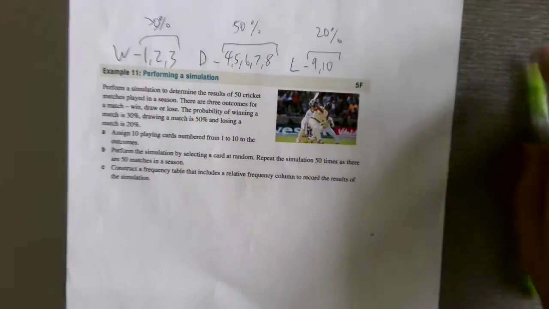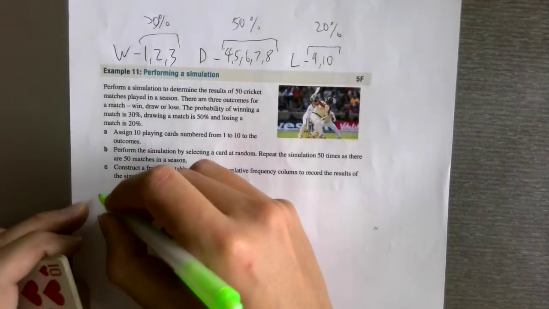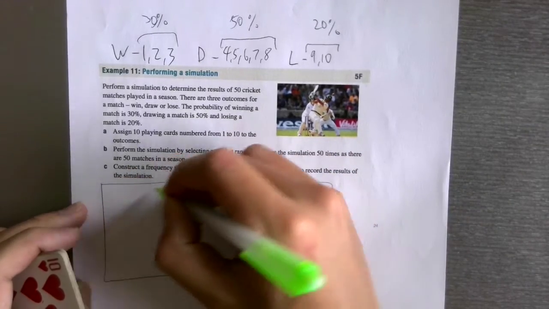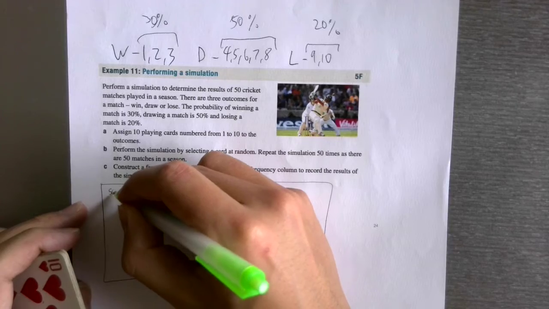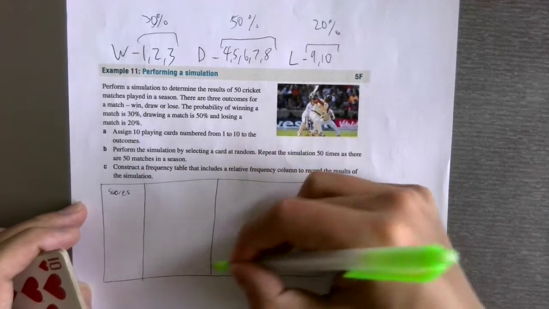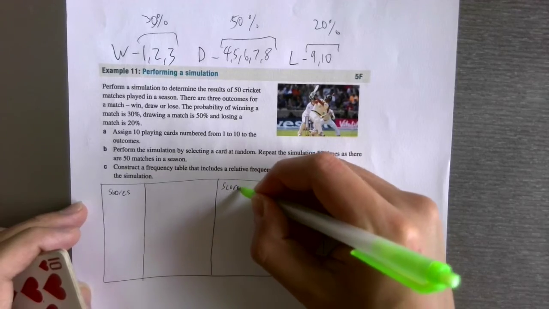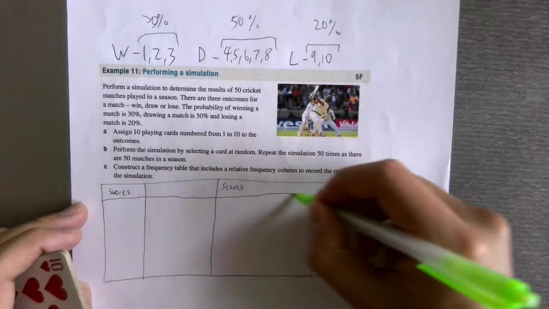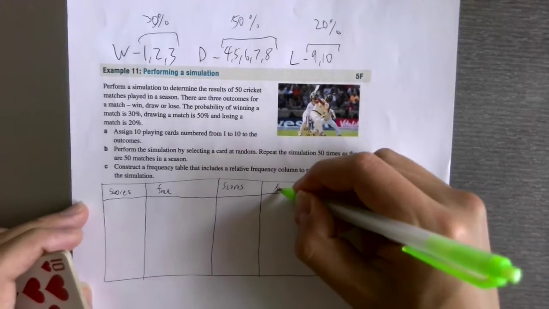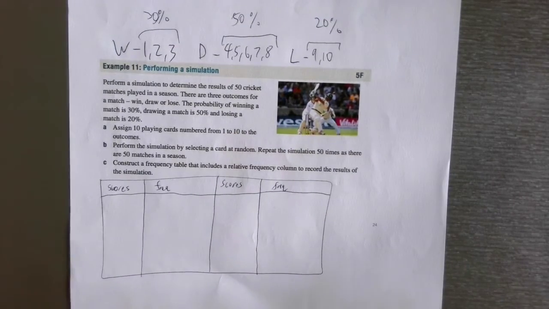Alright, now what I've already done is a table. I've just got the scores, and because I don't have enough space, I've split them over 2 columns. And then I've recorded the frequency, or how many times it's happened.